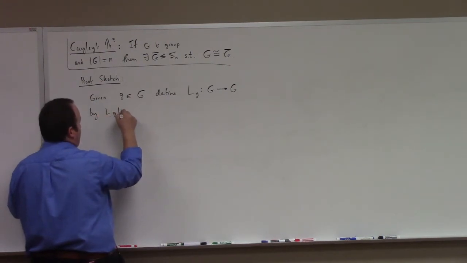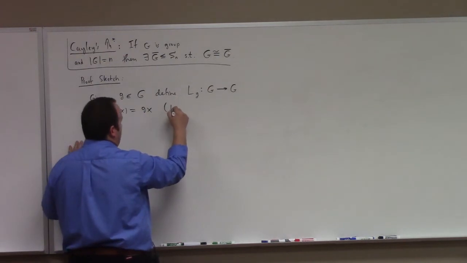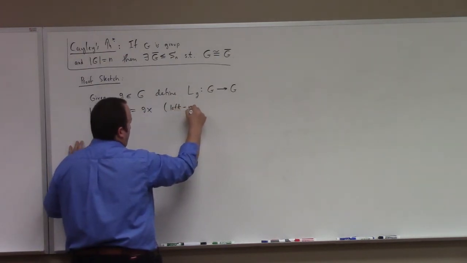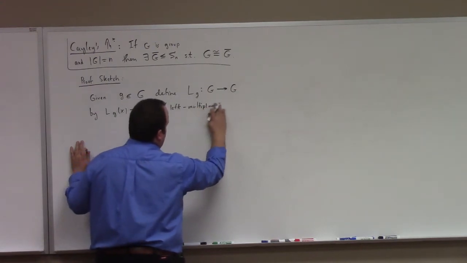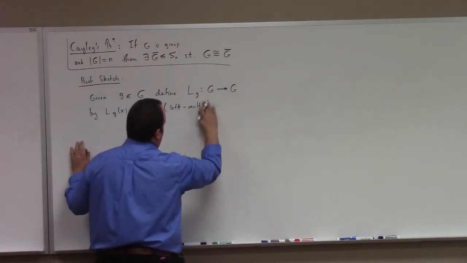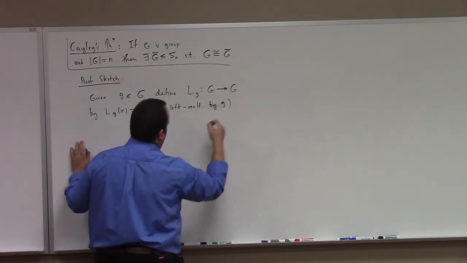L sub G of x is equal to Gx. This is left multiplication by G, as we called it.